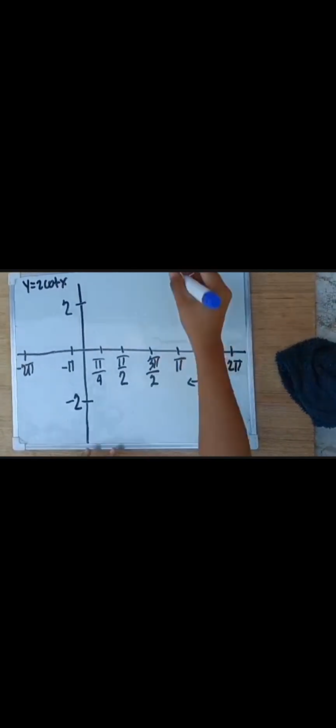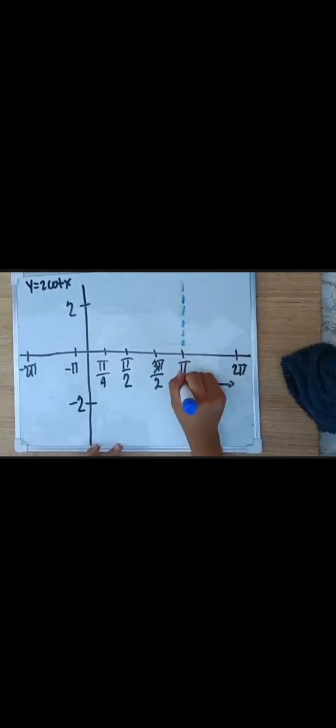We're going to put amplitudes at pi and 2 pi, and the same for the negatives at negative pi and negative 2 pi.